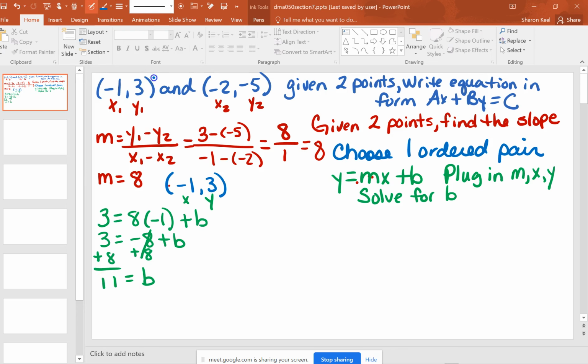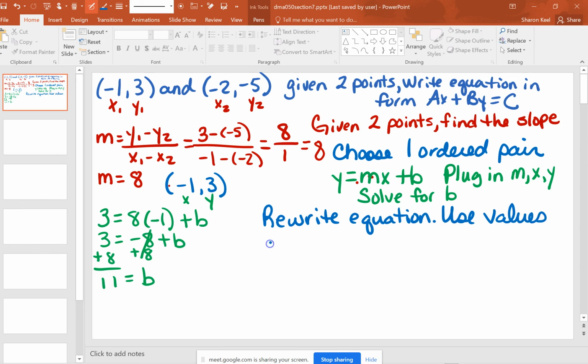Once I know that, I then am going to rewrite the equation. I'm going to use the values m and the b.